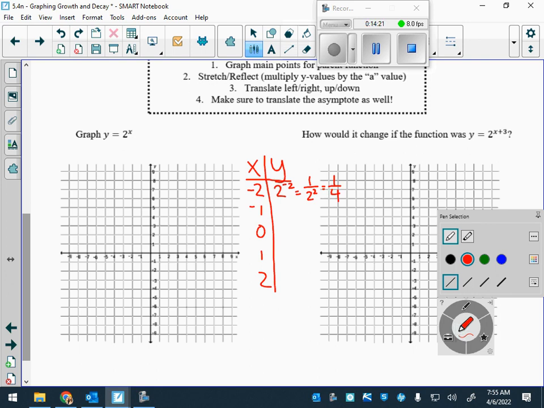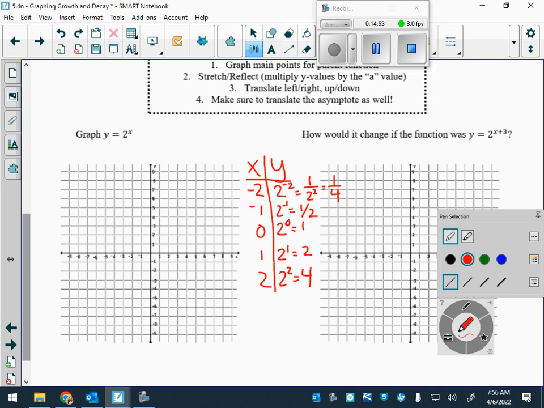How about 2 to the -1st? 1/2. 2 to the -1st is 1/2. How about 2 to the 0? Yep. 1. 2 to the 1st, 2. 2 squared is 4. So we're going to go ahead and graph those points.